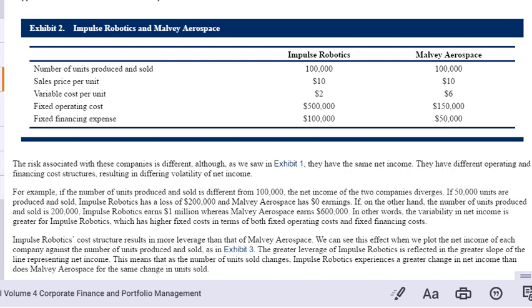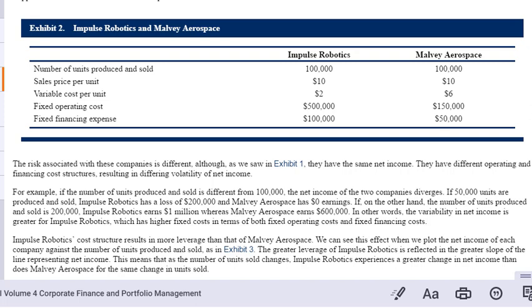If 50,000 units are produced, once you're given that cost structure, you can go through and say the selling price is going to be the same. Sales minus variable cost is contribution margin, minus fixed cost gives us our operating income, minus fixed financing expense gives us our net income. You can simply run the calculations now that we've got the data.